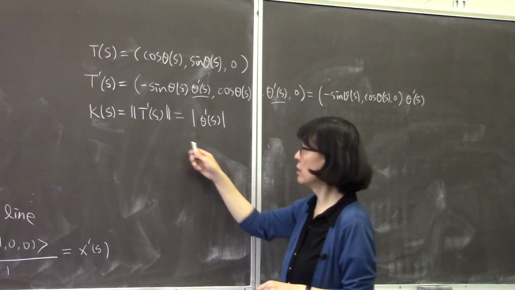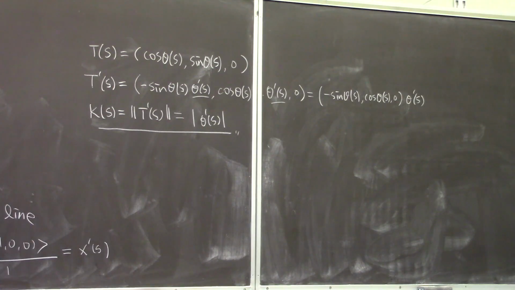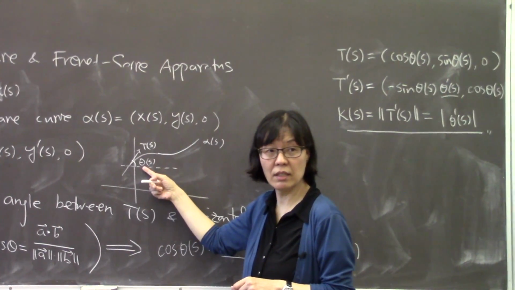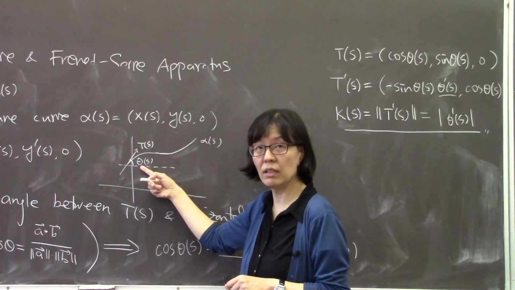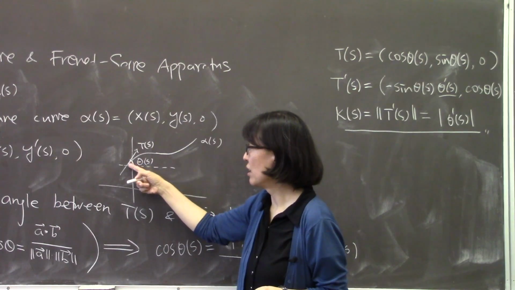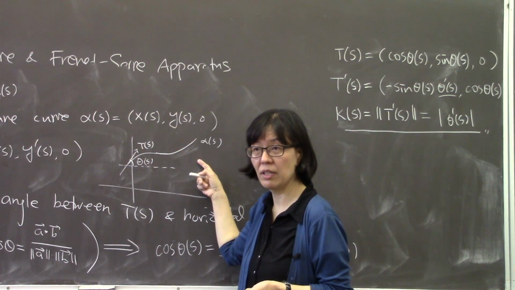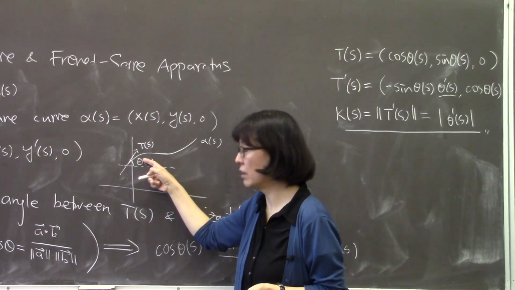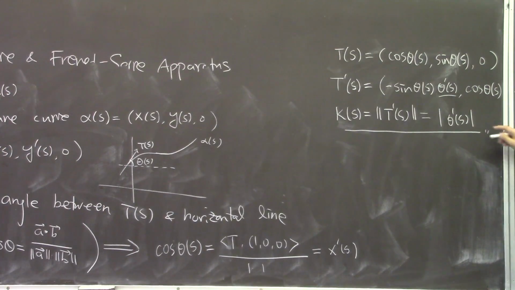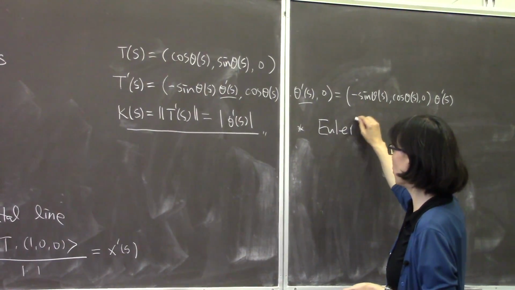So that means this shows what? Curvature can be interpreted as the rate of change of the angle between the tangent and the horizontal vector field. Rate of change of the angle. I like that one. Actually, this is the idea of Euler.